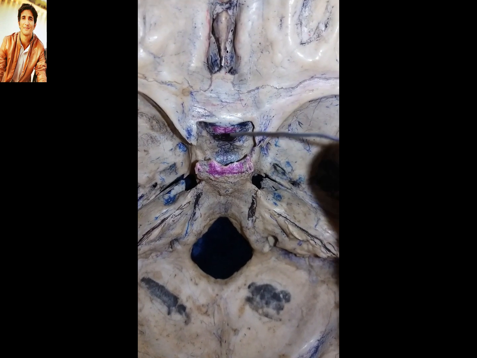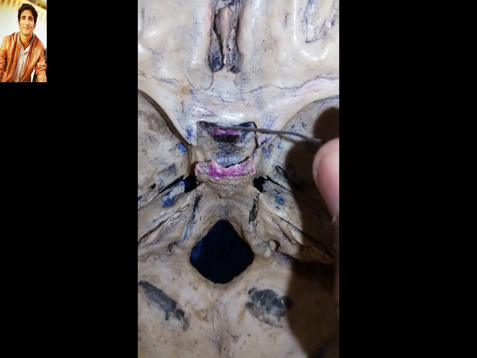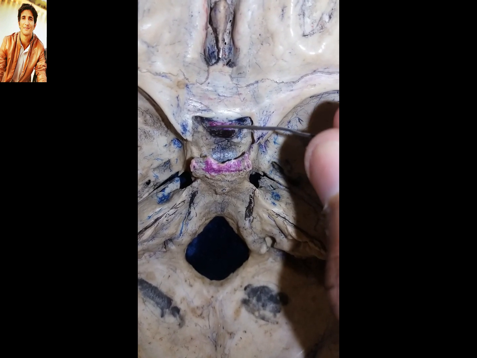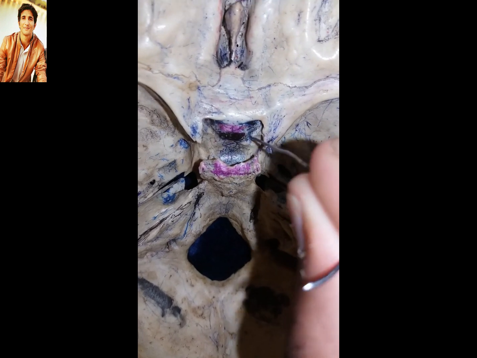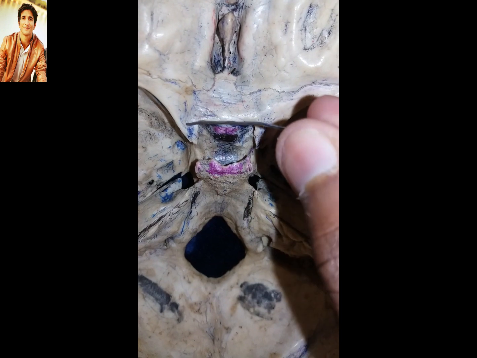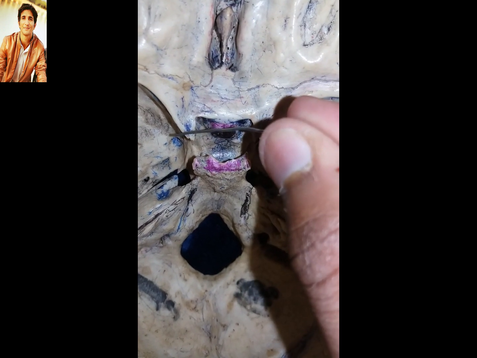Now we know this purple one is the sulcus chiasmaticus, then the optic canal and the anterior clinoid process.